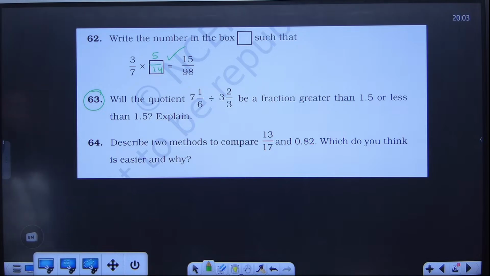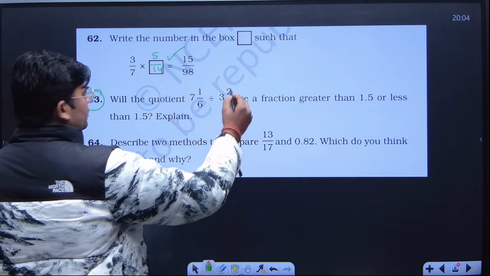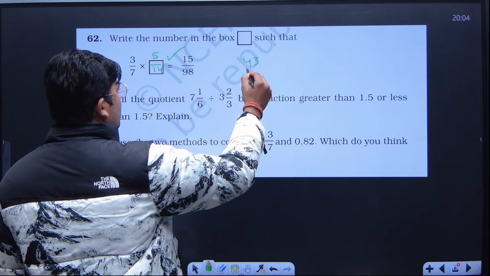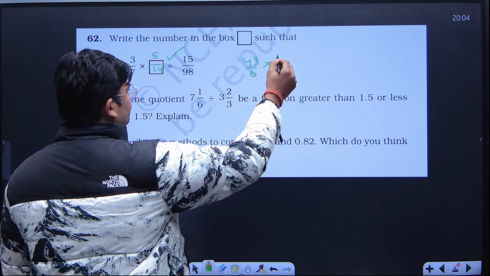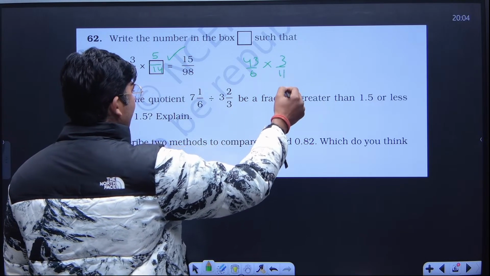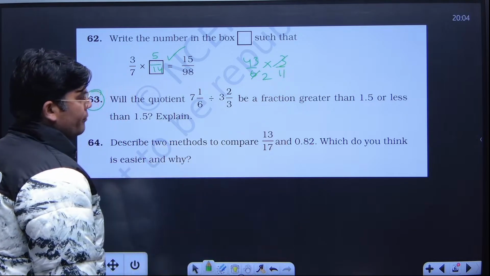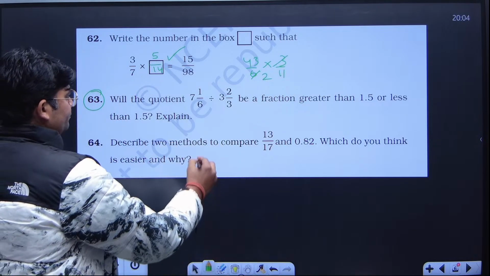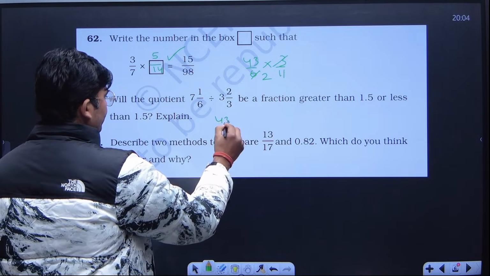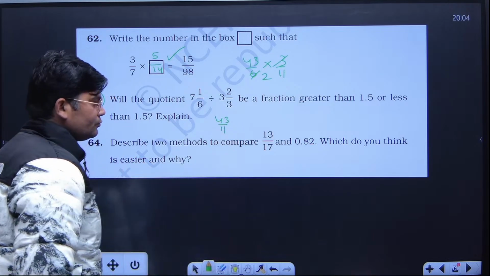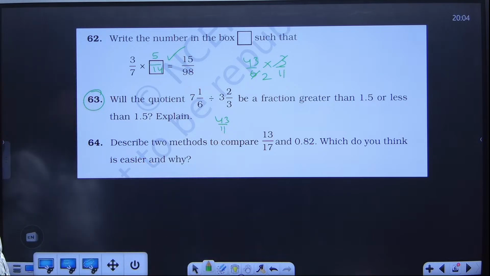Will the quotient of this division be a fraction greater than 1.5 or less than 1.5? Greater.